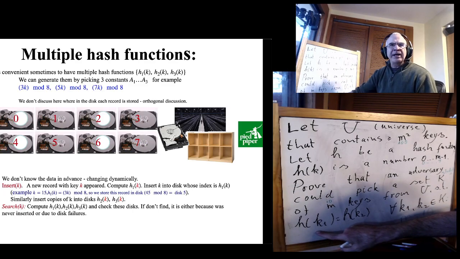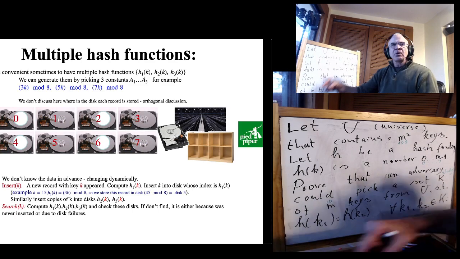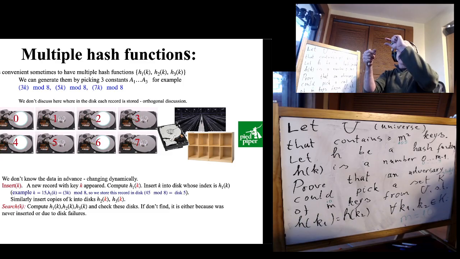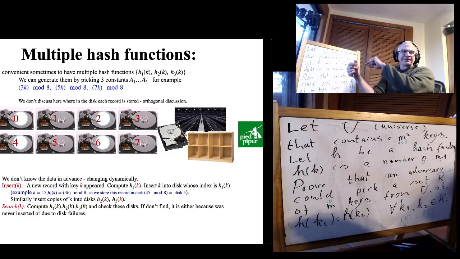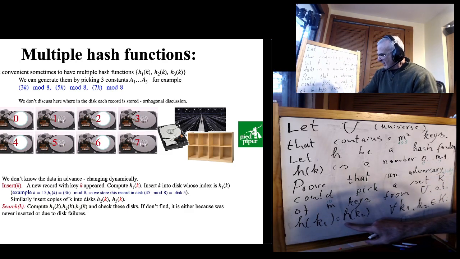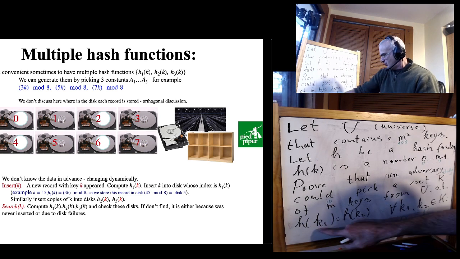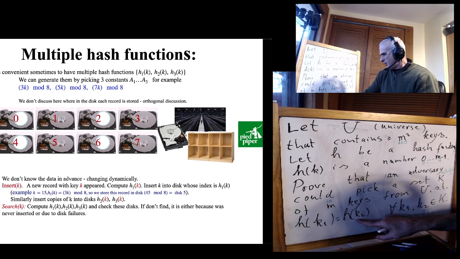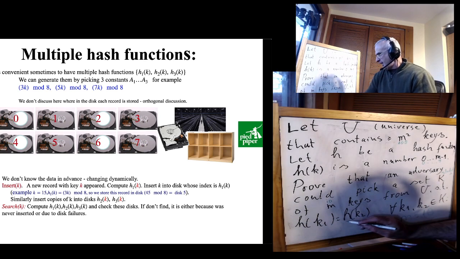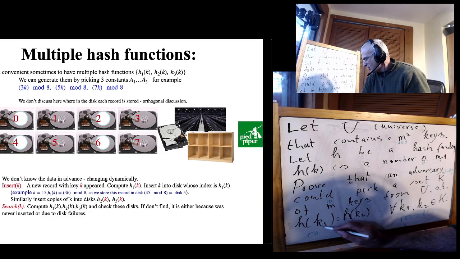What are we trying to get with the hash function? We are trying to say that two keys, as long as they are different, we hope they'll fall in different cells. What if this happens: h of k1 equals h of k2, meaning that we have a collision.